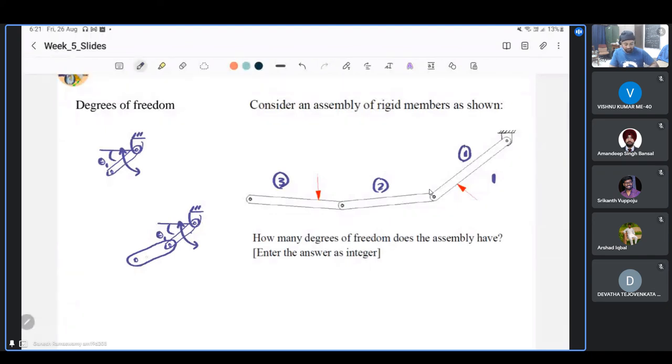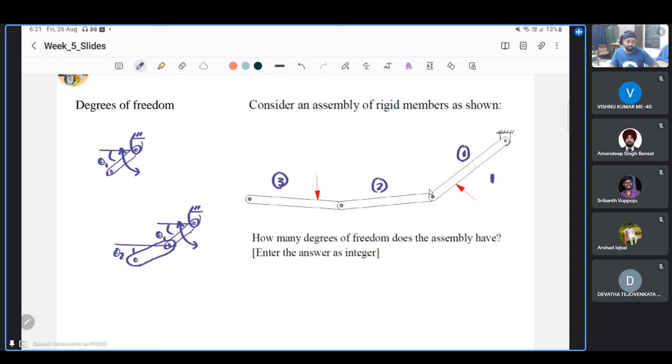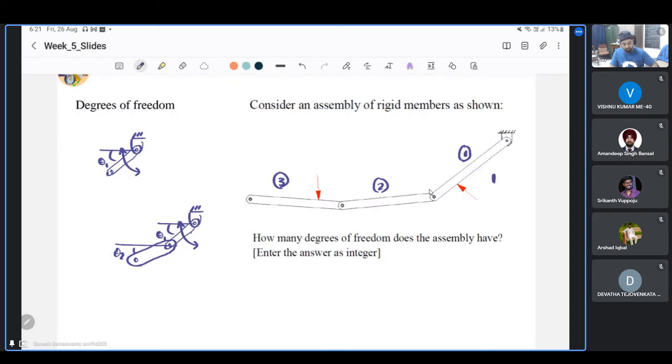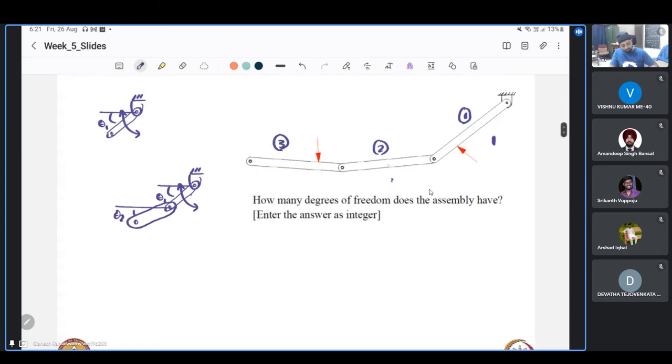And just look at the second member. How can it rotate about the first member? It can rotate with some theta 2. Again, theta 2 can increase or decrease. So this theta 2 becomes an additional piece of information that we need to provide in order to understand where each and every point of links 1 and 2 lie. So this again has 1 degree of freedom.